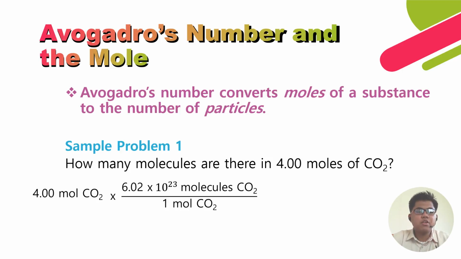Simple lang yan. So, itong 4 mole carbon dioxide na ito, ang ibig sabihin niya talaga is 4 mole carbon dioxide over 1. Eh, hindi po ba natutunan natin in our math discussion that kapag nagka-cancel tayo ng units, it must be numerator and denominator or opposite dapat. Hindi pwedeng numerator to numerator or denominator to denominator.